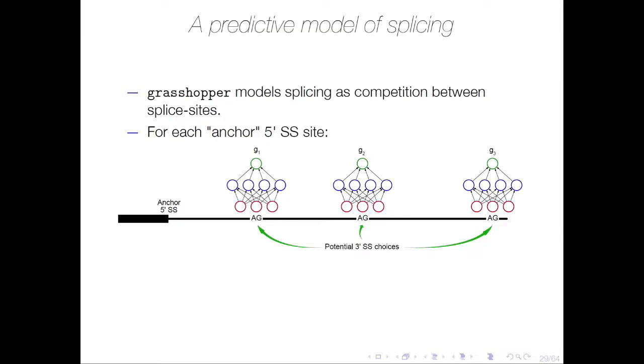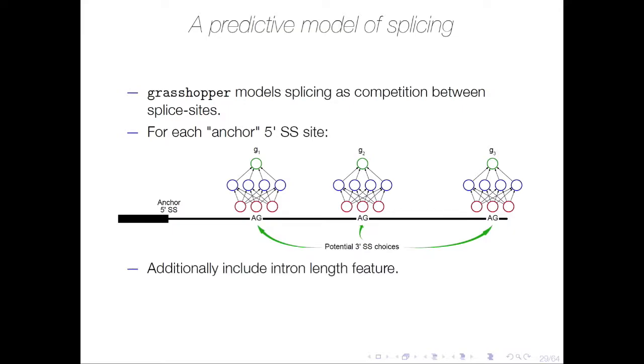So we're going to consider all AGs within 100 kilobases downstream of our anchor 5' splice site, because 99% of introns are shorter than 100 kb. A genomic window around each AG, in the end we use 800 base pairs, will be fed into a neural network which tries to output a number corresponding to the probability of splicing at this given position.